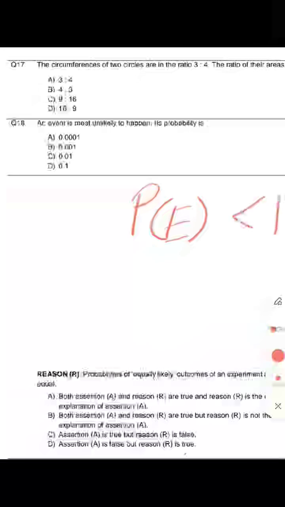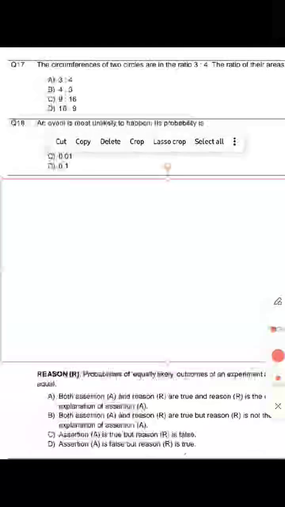Now the next question. Question number 18. An event most unlikely to happen, its probability. Probability value always lies between 0 to 1. Okay.